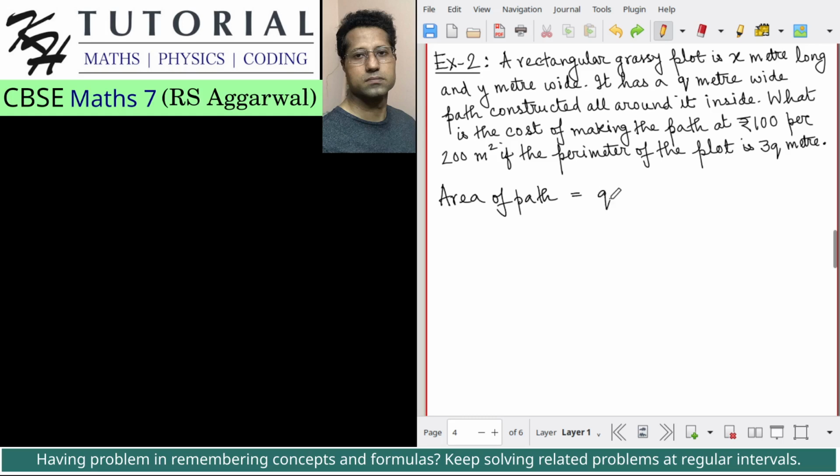So it will be q multiplied by 2 multiplied by (x plus y), where x and y are length and breadth of the rectangular plot, and we will have minus 4q square.